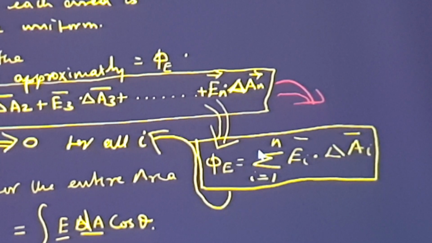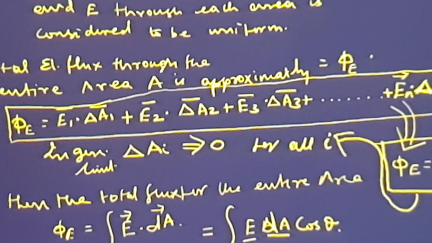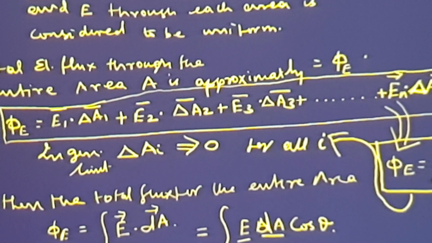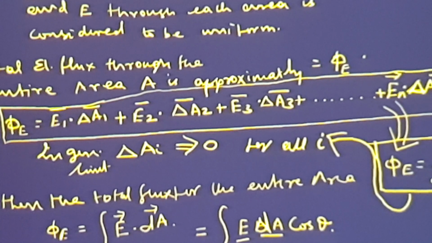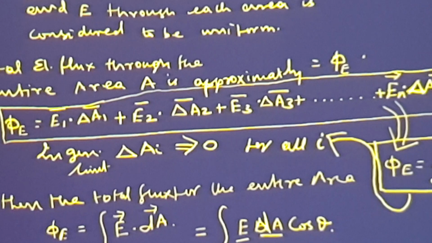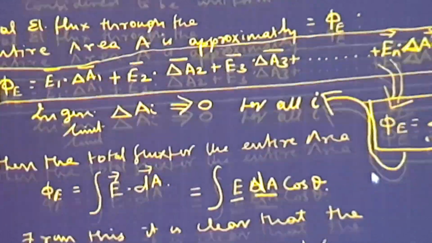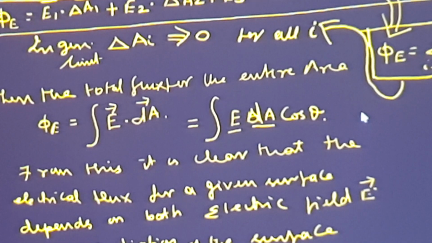Now I am going to apply an approximation. When you consider this delta Ai, that is, all the small areas delta A1, delta A2, delta A3, delta A4, up to delta Ai, if those areas keep decreasing, smaller and smaller, tending to 0, and I apply the limit that delta Ai tends to 0 for all i, then the total electric flux for the entire area is given as phi E is equal to, removing the summation, the integral of E vector dot dA vector.